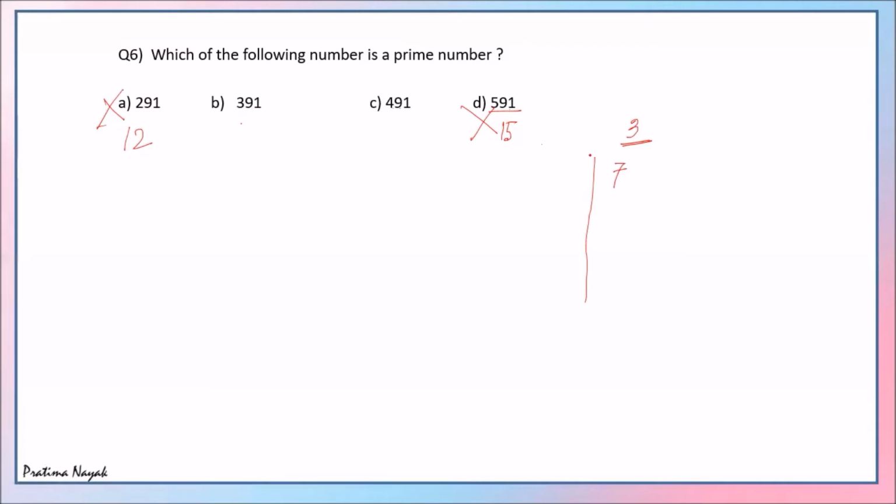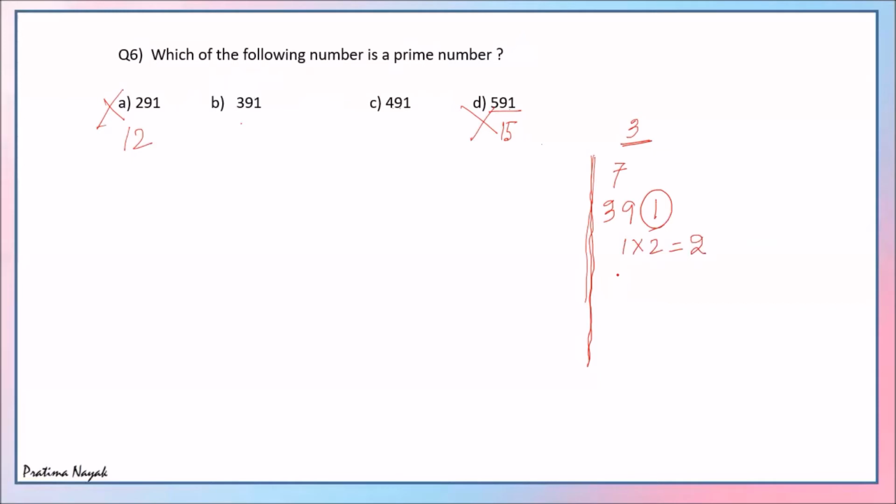391. So here I will teach you another trick to find whether any number is divisible by 7 or not. The procedure is you multiply the unit place digit by 2. So 1 into 2, that will be 2.